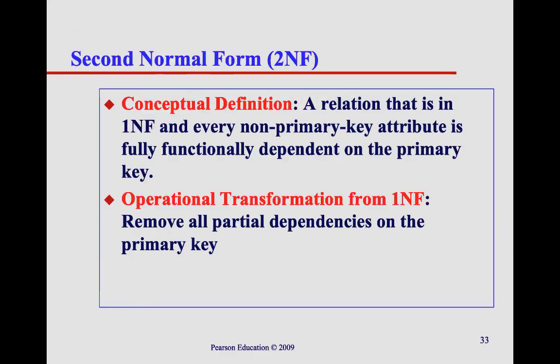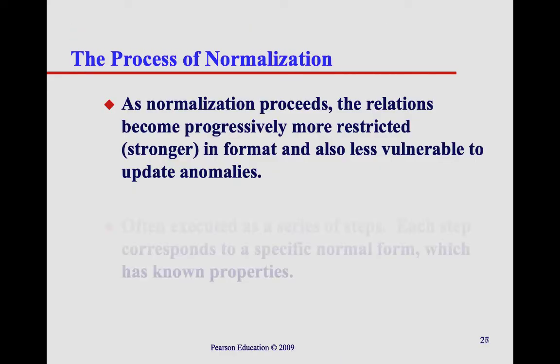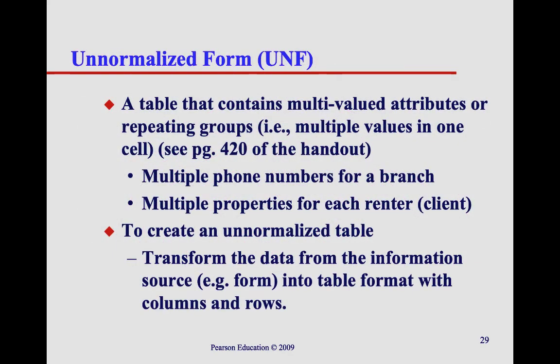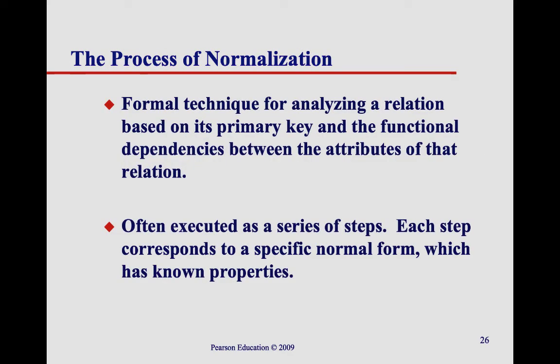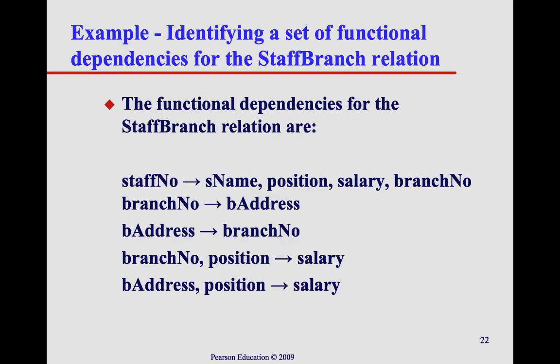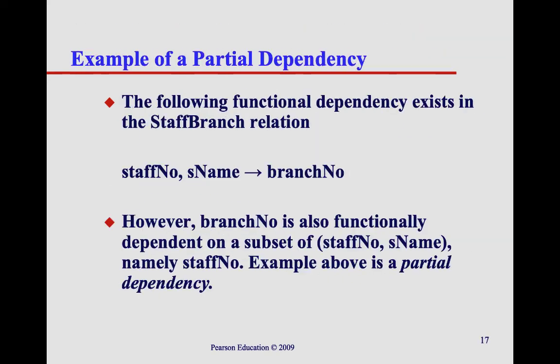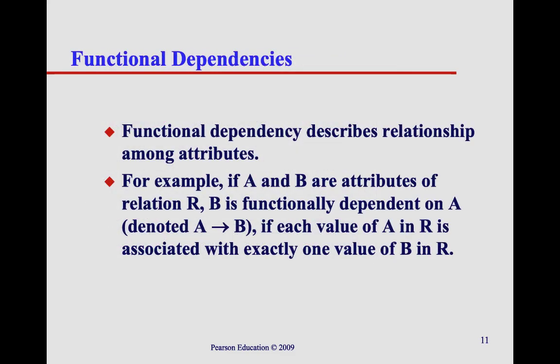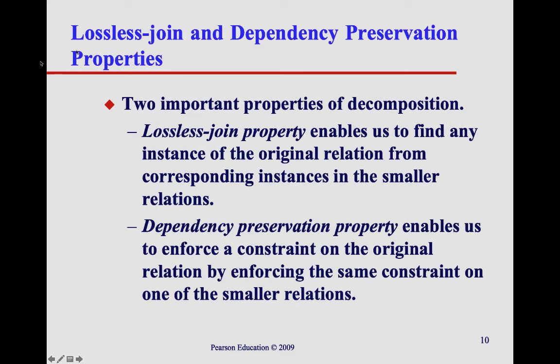So going way, way back to the beginning of the lecture, we have to preserve these two properties. So when we go from first normal form to second normal form, the way we preserve the lossless join is through the left-hand side.